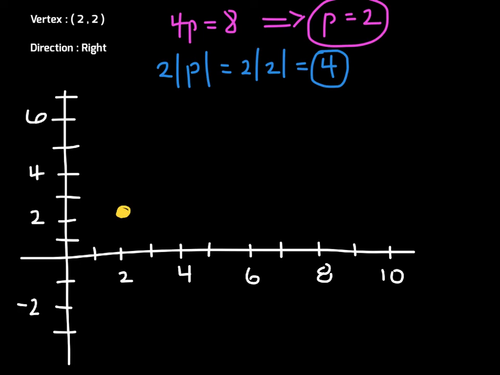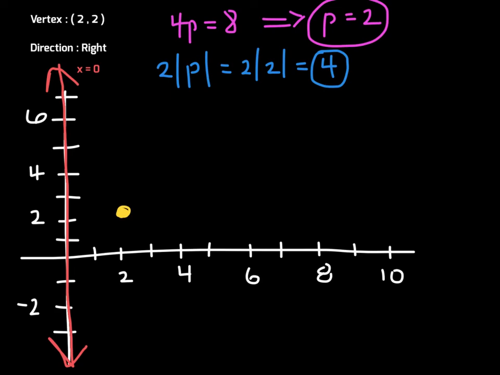When you move 2 units, because p is 2, when you move 2 units to the left of your vertex, you end up right on top of the y-axis, right? So, of course, the equation that defines the y-axis is just x equal to 0. Very good. All right, so we have our directrix, we have our vertex.